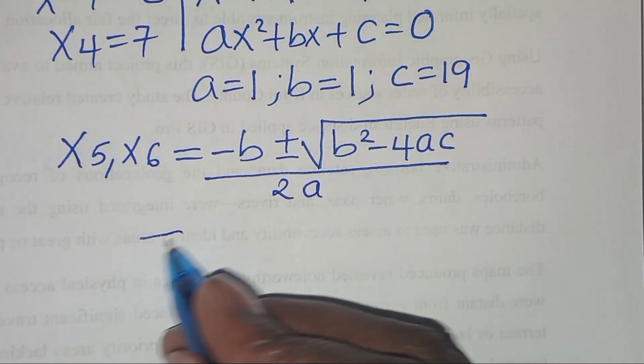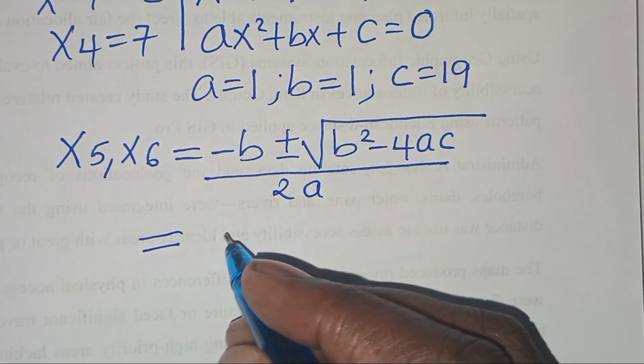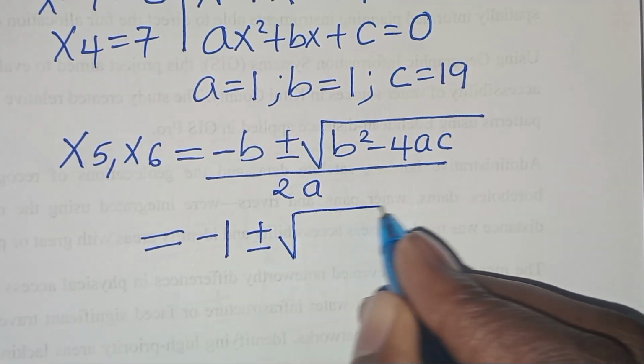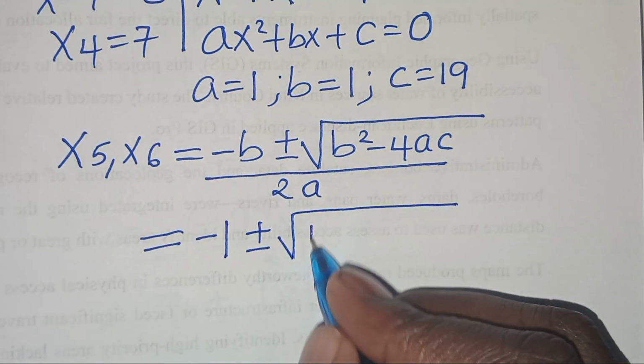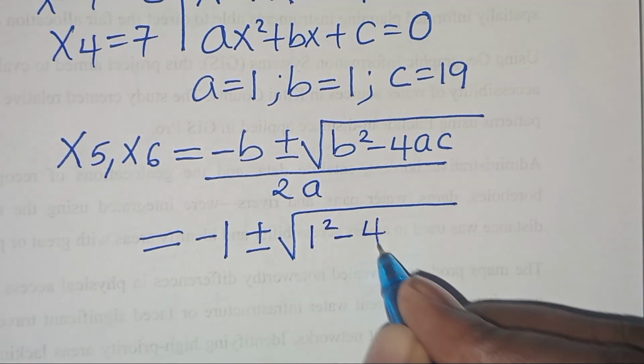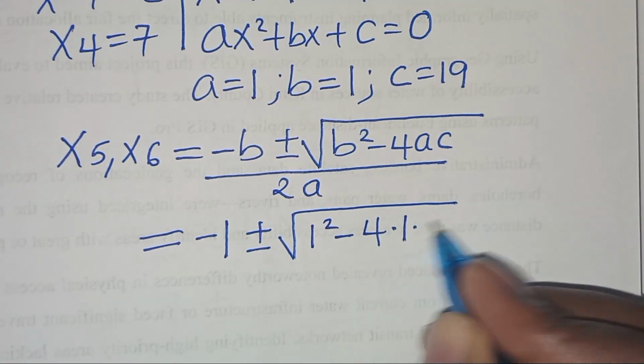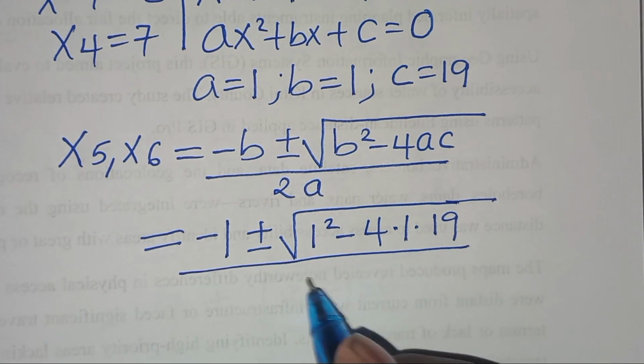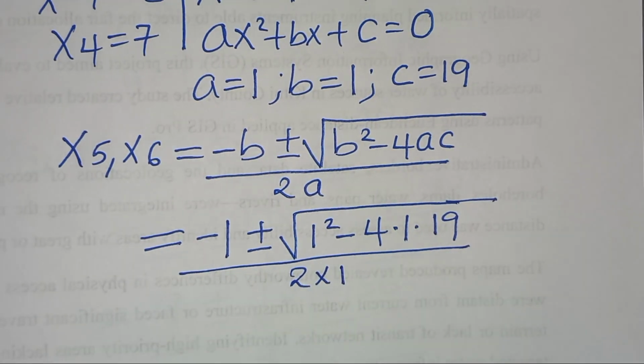So substituting the values of a, b, and c, we'll have minus 1 plus or minus the square root of b squared, this is 1 squared, minus 4 times a, which is 1, times c, which is 19, divided by 2 times 1.